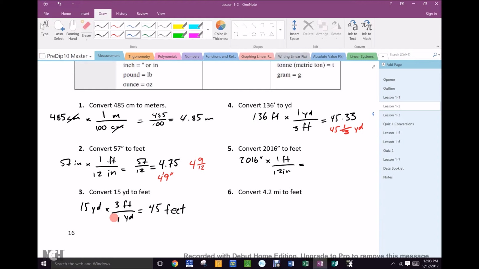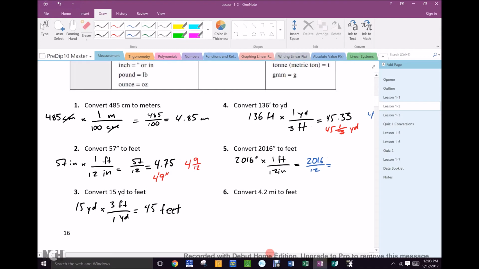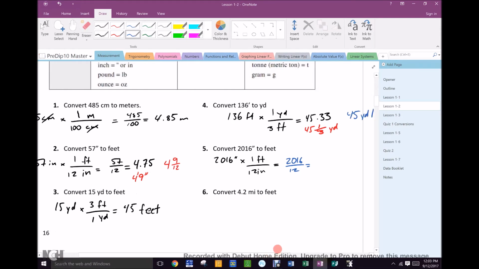Understand? So in this one, I have the 1 on top. So I know that it's 2016 divided by 12. And what do I get? I know I said you didn't have to do these, but somebody has their calculator out and has done it. 168. 168 exactly, yes?